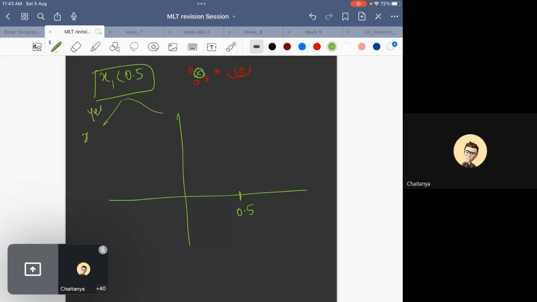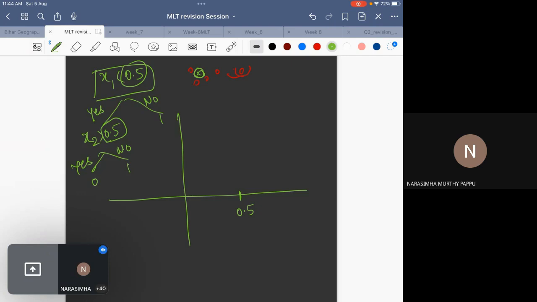Then x2 greater than 0.5, this is yes, no, right? And this was x2 greater than 0.5, again with yes, no. It's 0.5 only, greater than 0.5, right? Then you have yes, no, and this classification was there. You were having all the data points from 0 to 1, right? How can this be correct? If x1 is less than 0.5 and you're saying yes, this is x2, the other feature.